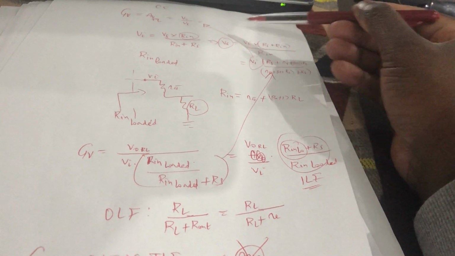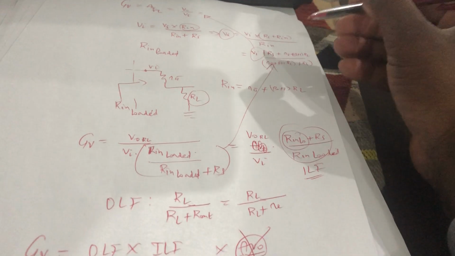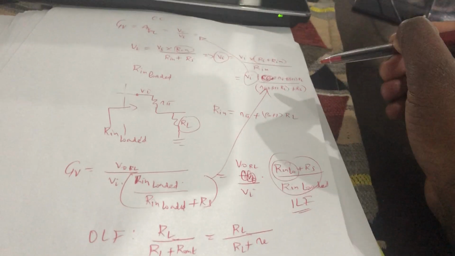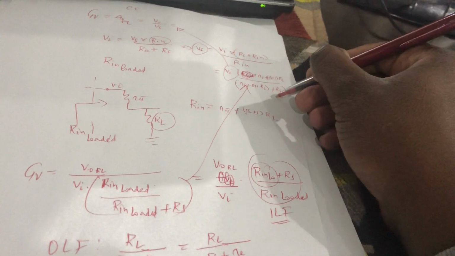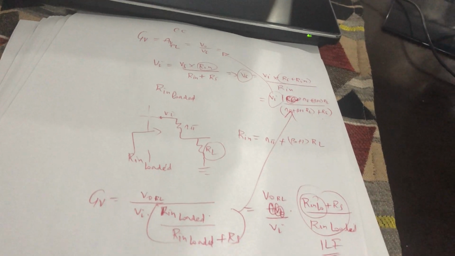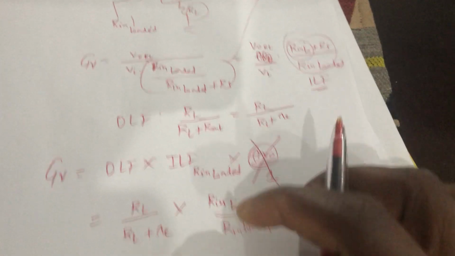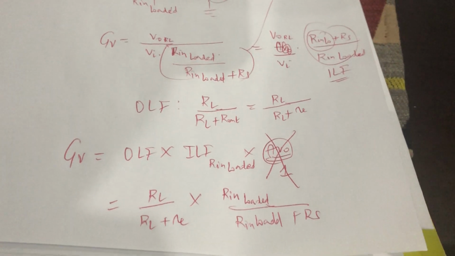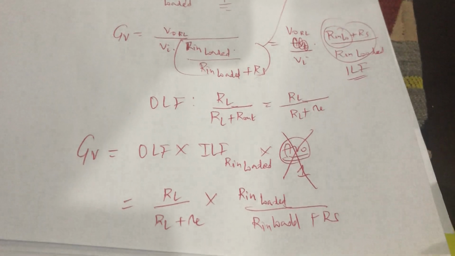If we substitute that in there, R in will go on top, alone, divided by the sum underneath. So that will be R in loaded over R in loaded plus RS, which is the input loading factor with R in loaded, meaning R in in which there is RL.